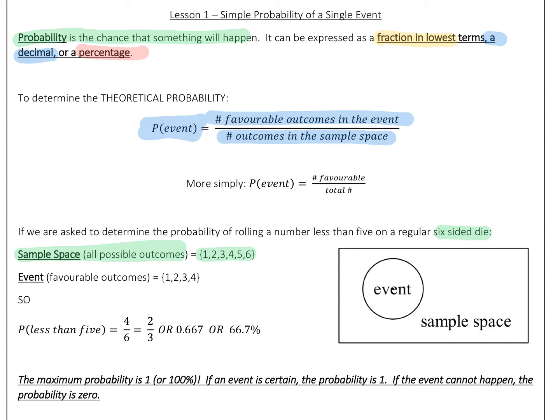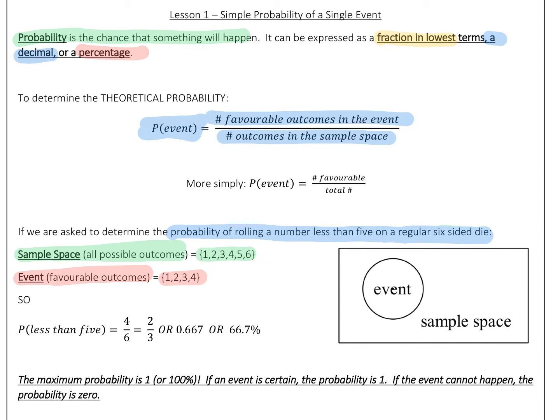Okay, so this question says, what's the probability of rolling a number less than 5 on a regular 6-sided die? Okay, so again, the sample space is the numbers 1, 2, 3, 4, 5, 6. The favorable outcomes, which would be our event, is the numbers 1, 2, 3, 4, because those are less than 5.